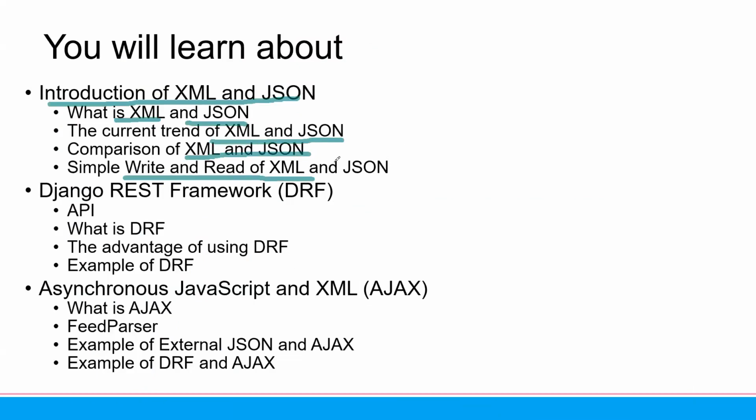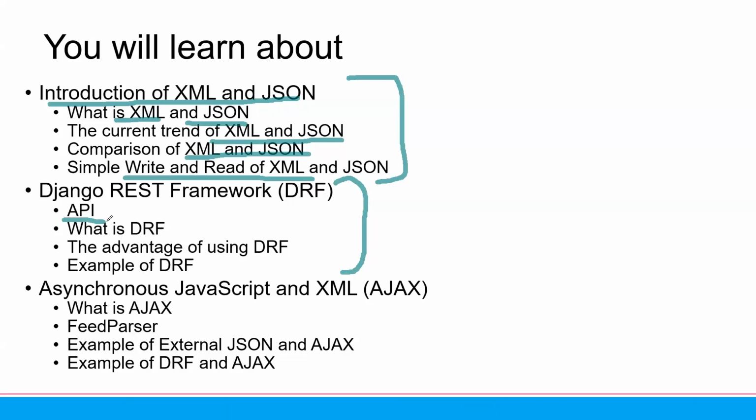And after we know the basic idea of XML and JSON, we are going to apply it to Django. And when we apply it to Django, we need to use a kind of framework. So this framework, we call the Django REST framework. We will learn what is API.